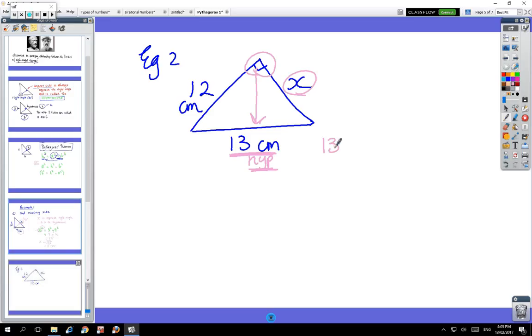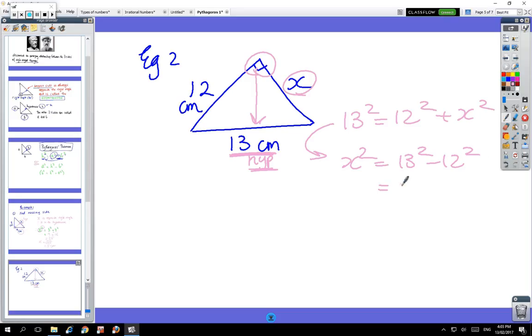So we'll do it the long way. You could write 13 squared equals 12 squared plus X squared, but it's much easier just to go straight to it: when you have the hypotenuse, it's going to be a subtraction. Okay, and then on your calculator, 169 minus 144, and again, by coincidence, that equals 25.